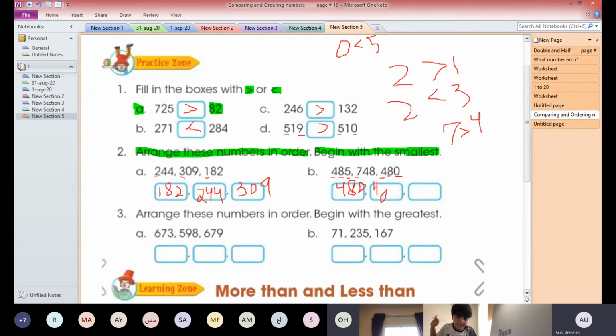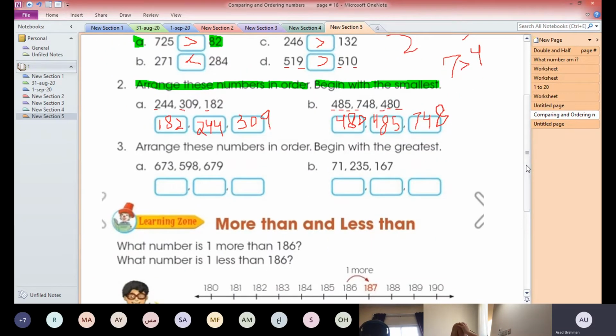Second number is 480. Yes. 5. And which is the biggest one here? 748. So I will write 7, 4, 8, 748.